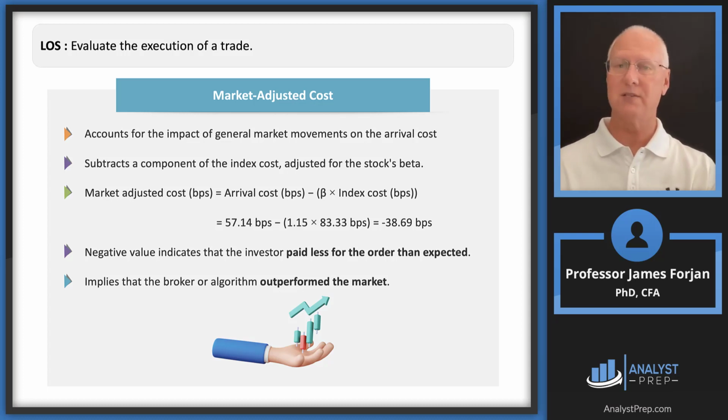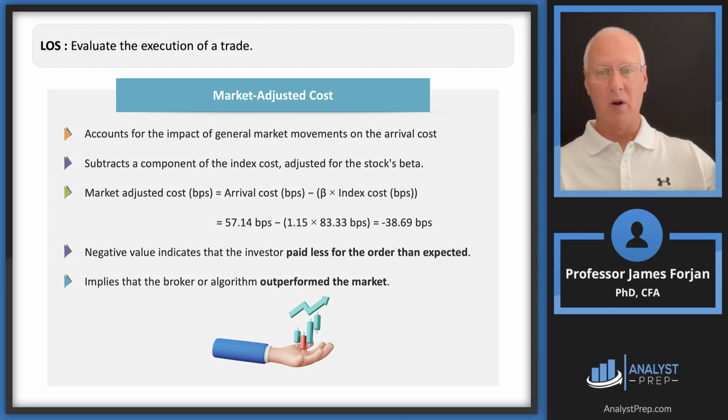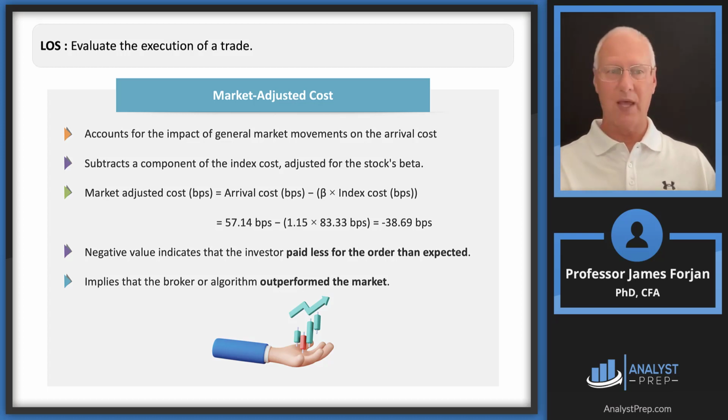So, right, we're adjusting this for beta because, just like we know, owning a share of stock that has a beta of 1, when the market portfolio goes up by 10%, then our individual security on average will go up by 10%, not necessarily on a daily, weekly or monthly basis, but on average it'll go up by 10%.